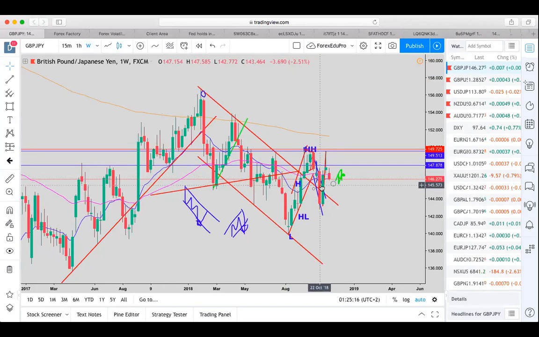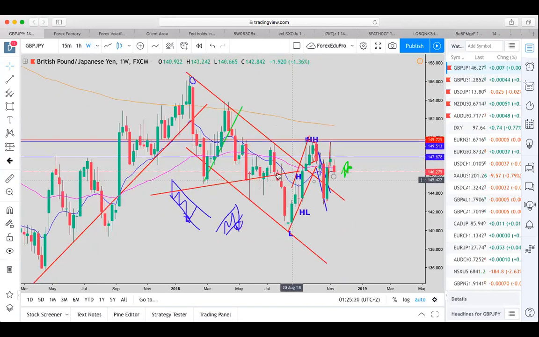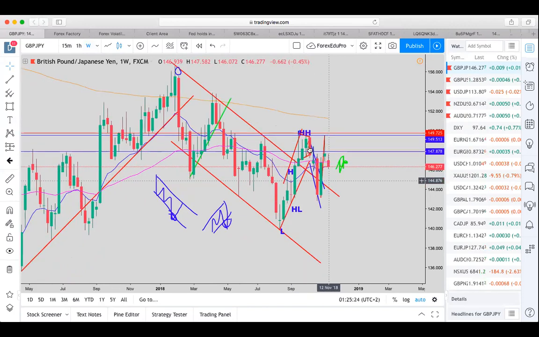Okay. So what do we do from here? From a structural perspective, well, we've had this break over here. We've had it reject this 149.5 area once, and it's rejected it again. That's a huge double rejection on a weekly time frame. So from a price action point of view, this is definitely not bullish out of structure at this point.